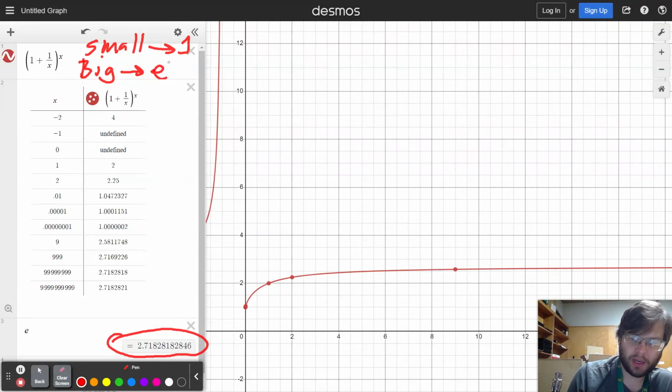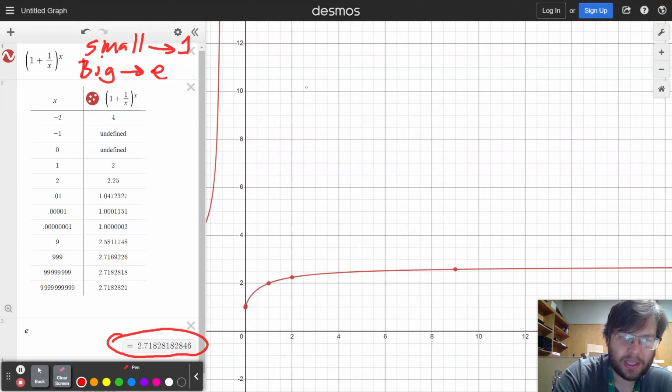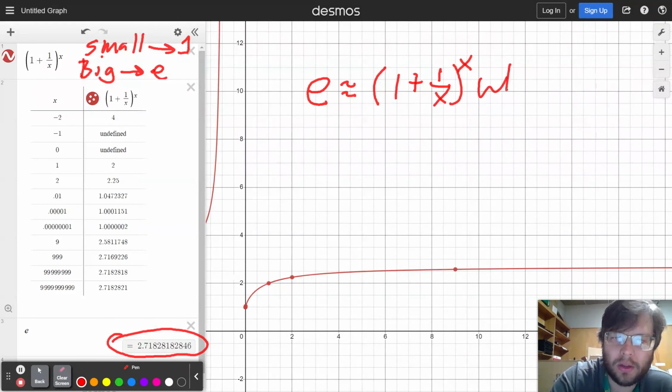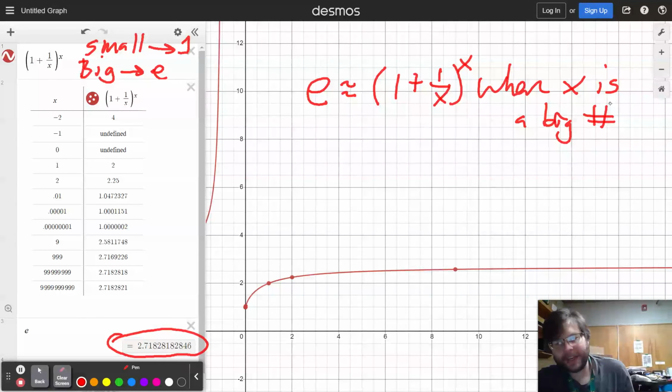So what I want to show you, the point of this video, is that the number e is actually approximately equal to (1 plus 1 over x) to the x power when x is a big number. And this is actually where the number e came from historically.